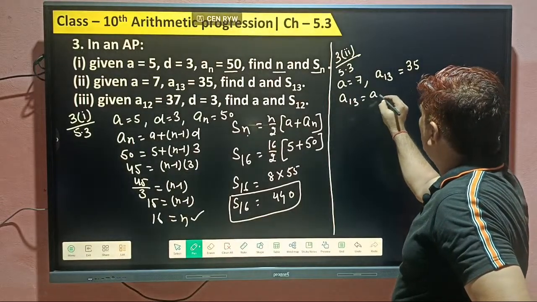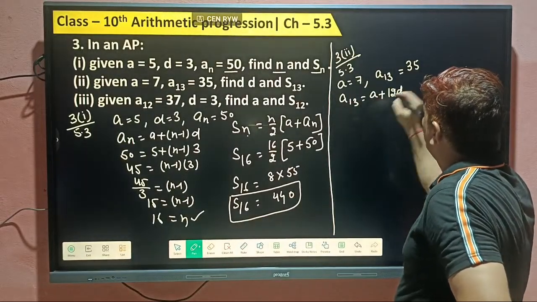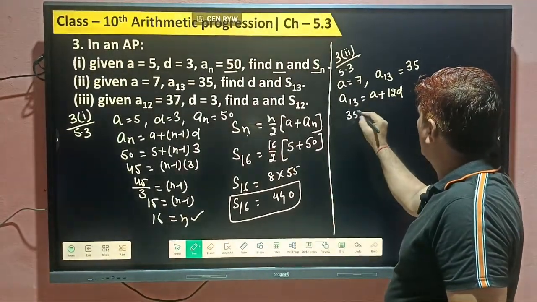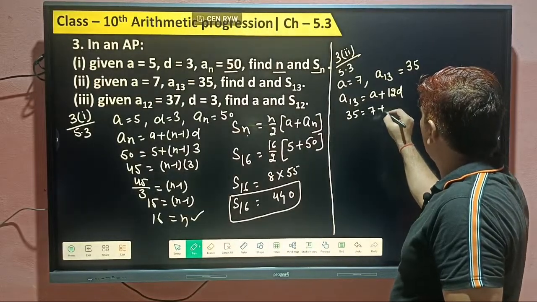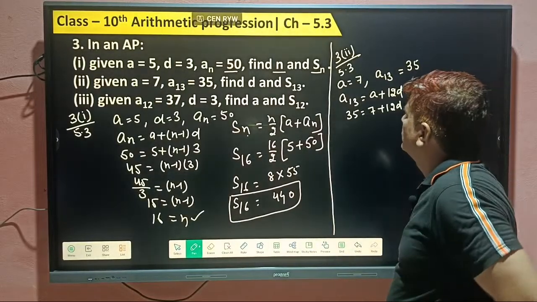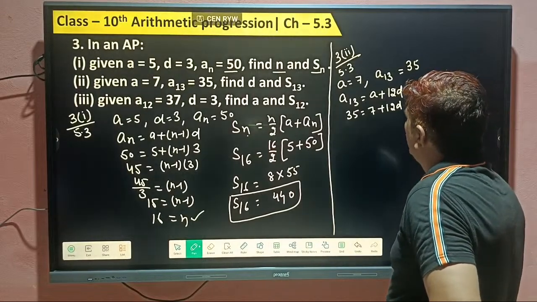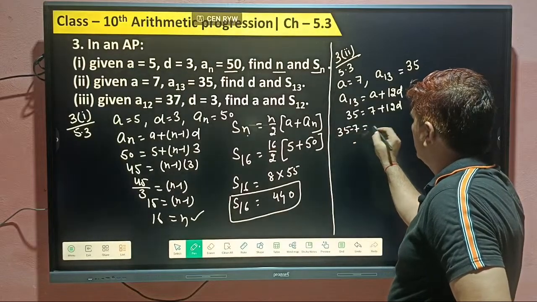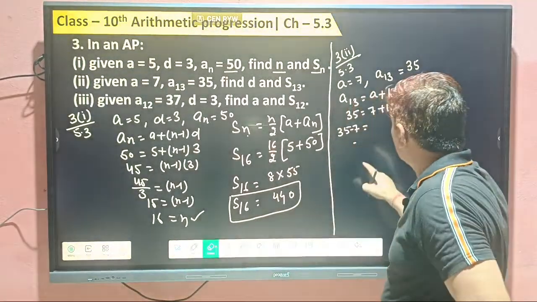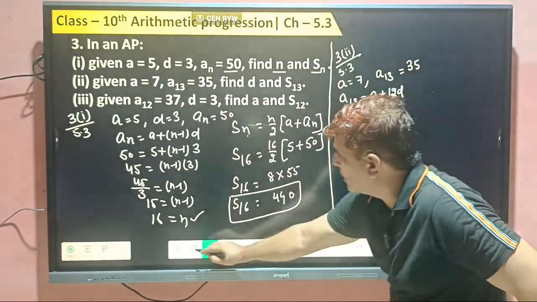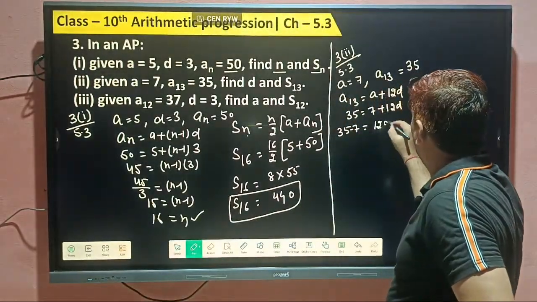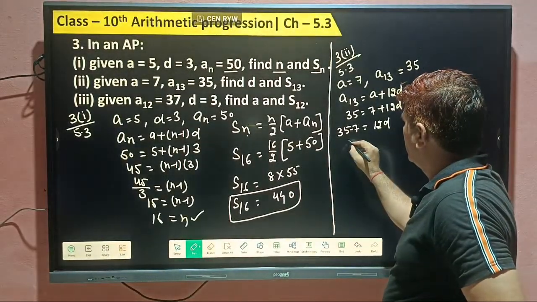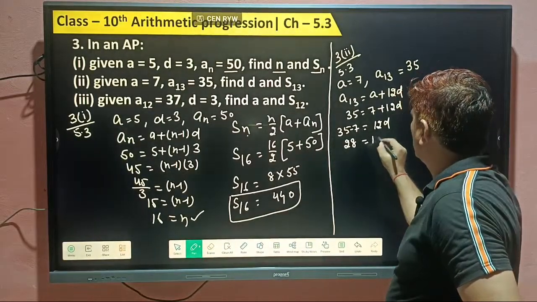A13 is equal to A plus 12D. This formula you know. A13 is 35, A is 7, plus 12D. So 35 minus 7 is equal to 12D. 28 is equal to 12D.